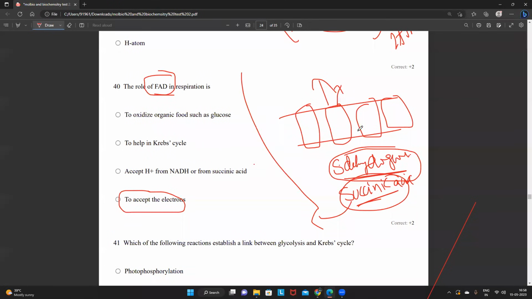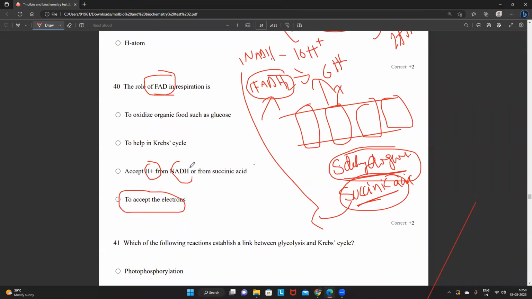So friends, FAD is going to accept, or I can say pump, because the ultimate goal, you remember, 1 NADH can pump 10 protons, and 1 FADH2 is converted into how many protons? We can say 6 protons. So if FAD wants to pump the proton, first FAD has to be converted to FADH2. So it has to accept the proton. From where does it accept the proton?